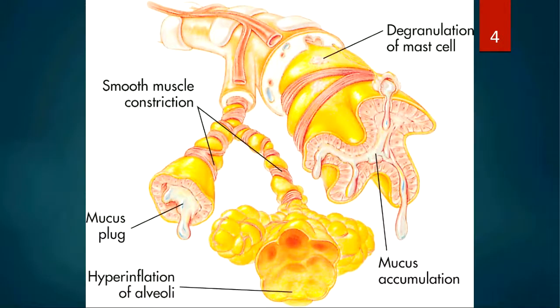As the inflammation progresses, pulmonary vessels begin to leak fluid, and it causes airway swelling, and then mucus is secreted, and it becomes thick to the point of causing mucus plugs. Both airway swelling and mucus plugs combine to cause the bronchial obstruction.